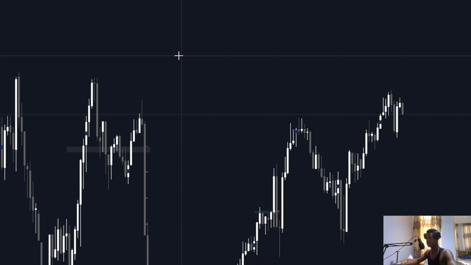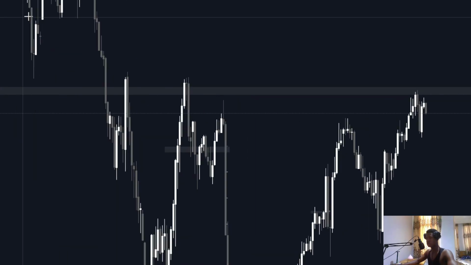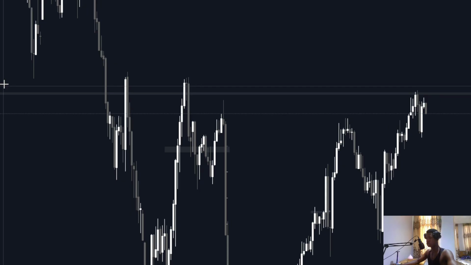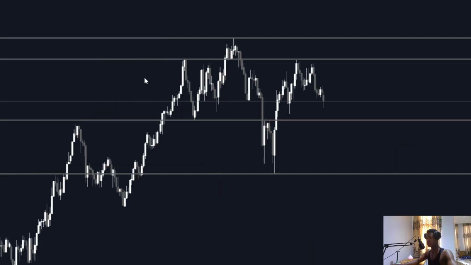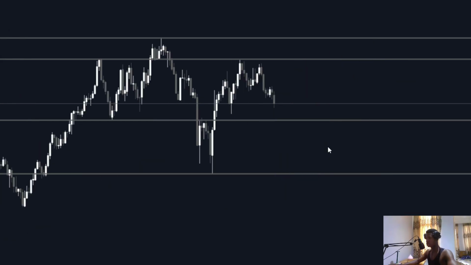If I was to draw the same levels here, this would be it on TradingView. This is what I drew. This level here. Okay, so we have about 10 seconds to market open.